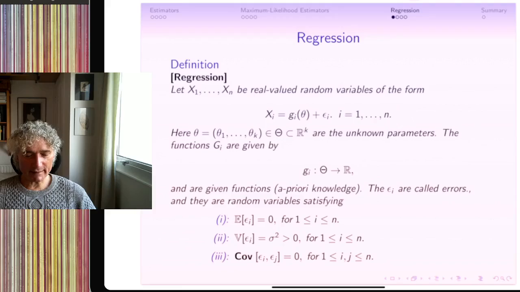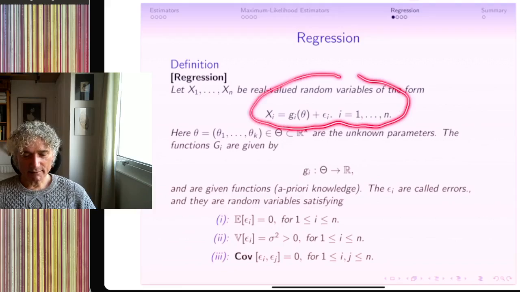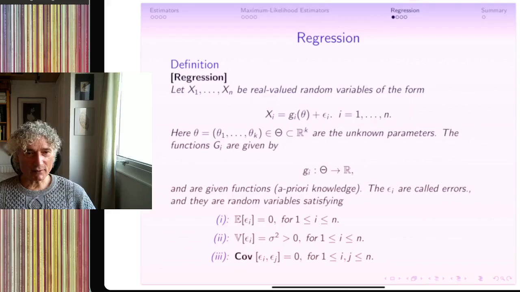So please look again at this expression. Now we decompose our random variable into a deterministic part, which is given by g i of theta, just a function depending on the parameter, and then plus some error term epsilon i.